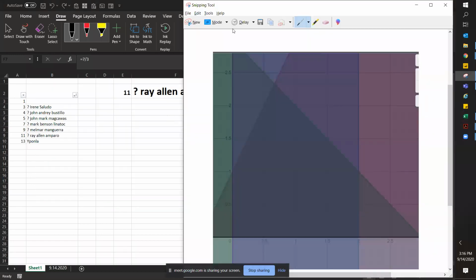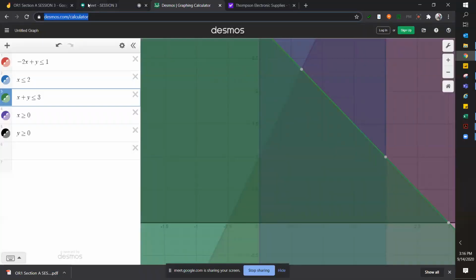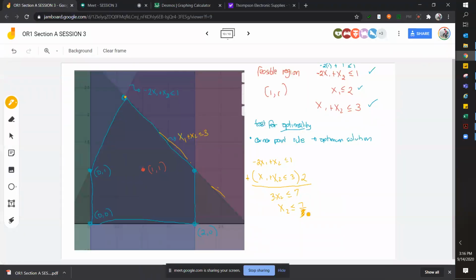Okay? Nagets? Or ilagay natin x2 less than or equal to 2.33. Nagets po, guys? Then, if x2 is equal to, anong x1? Or sorry, lagay na natin equal sign yun eh. Ano po ang x1? So, you just need to substitute, di ba?